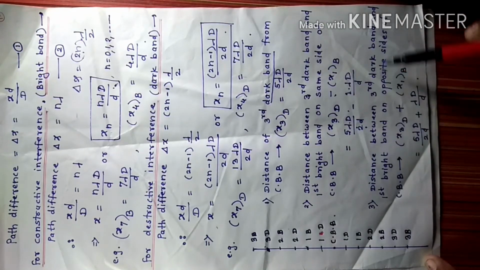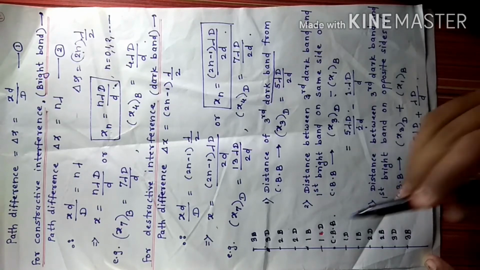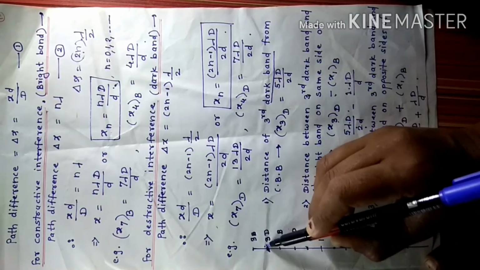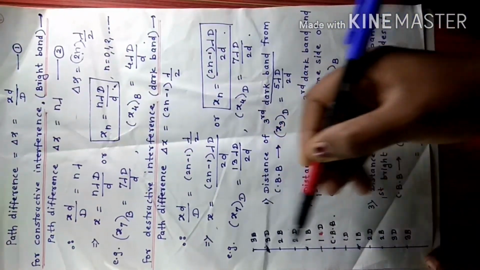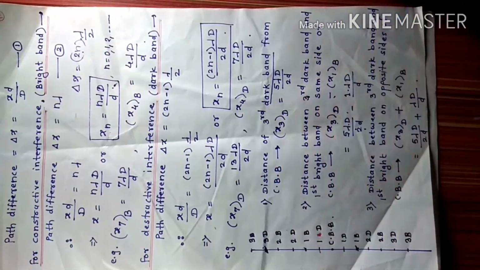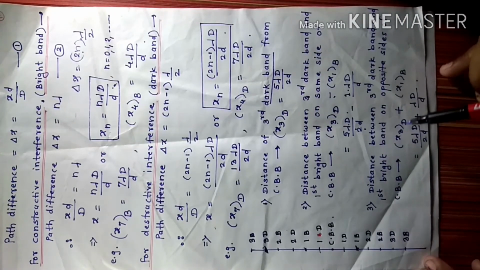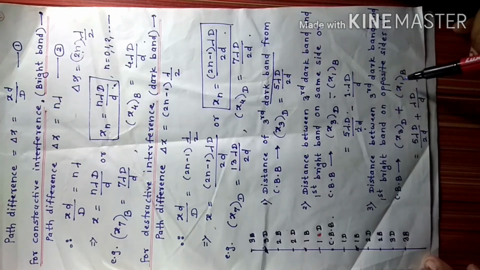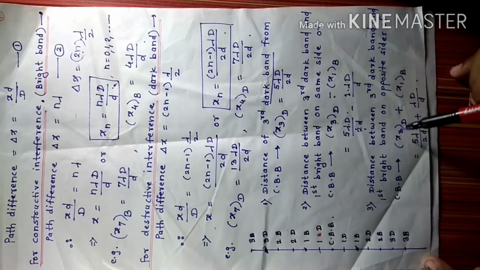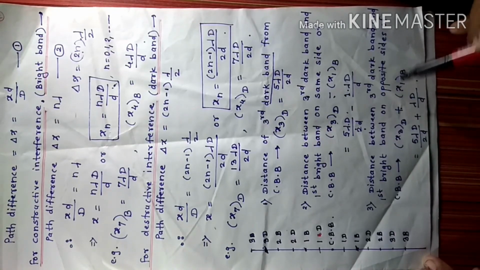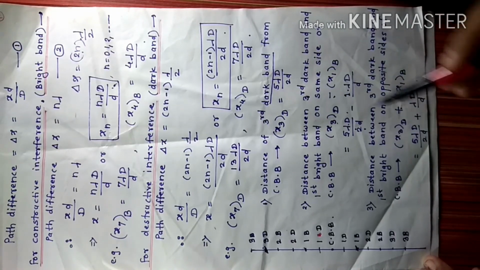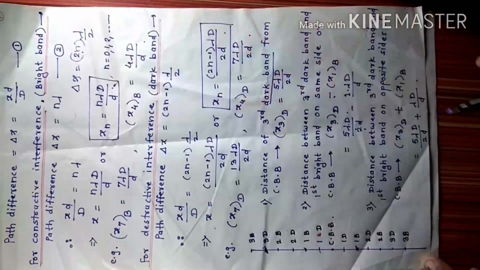Here the bands are on opposite sides, so to find the total distance we have to add these two distances: x3d plus x1b, the distance of the third dark band from CBB plus the distance of the first bright band from CBB. Again by using these two conditions we can finally write this equation. Okay, thank you.